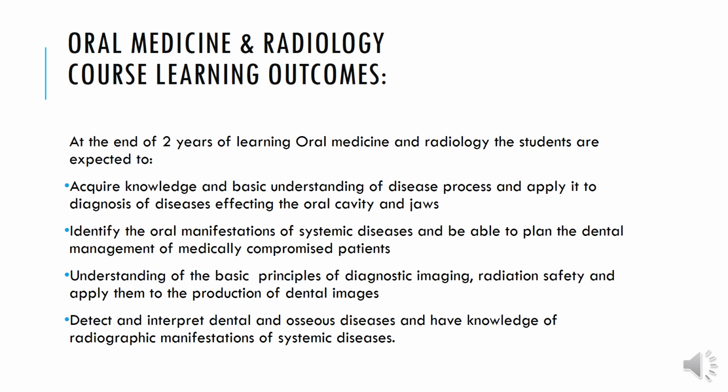At the end of 2 years of learning, you are expected to acquire knowledge and basic understanding of disease process and apply it to diagnosis of diseases affecting the oral cavity and jaws, identify the oral manifestations of systemic diseases, and be able to plan the dental management of medically compromised patients, understand the basic principles of diagnostic imaging, radiation safety, and apply them to the production of dental images, detect and interpret dental and osseous diseases, and have knowledge of radiographic manifestations of systemic diseases.